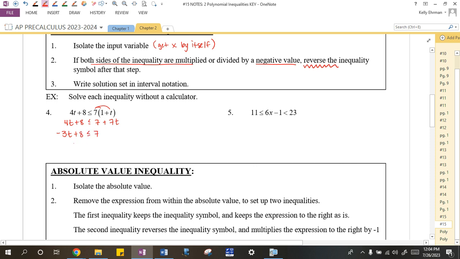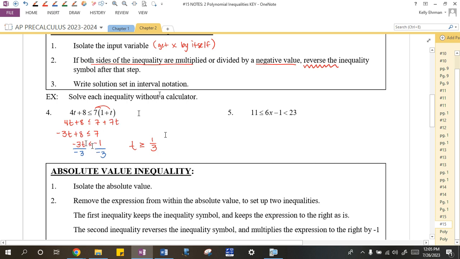And then subtract 8. Now subtracting does not change your inequality sign, but right here, when I divide by negative 3, that's going to flip that inequality symbol. So t is now greater than or equal to positive 1/3. Why does that happen? Why do we say you've got to flip if you divide by a negative?